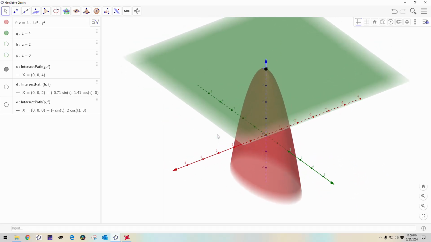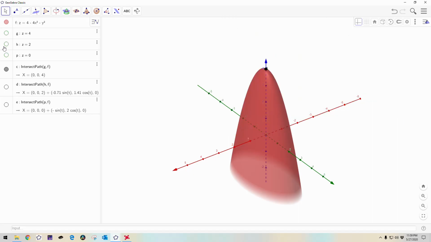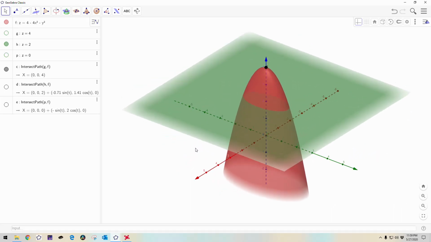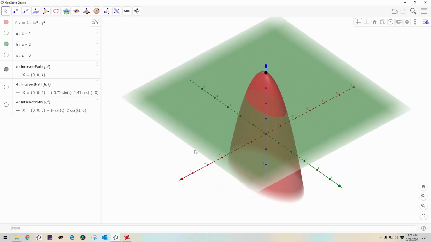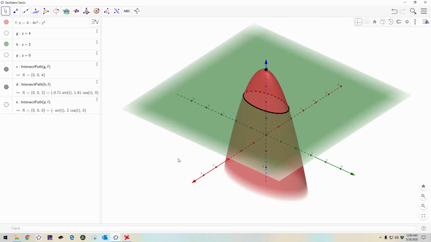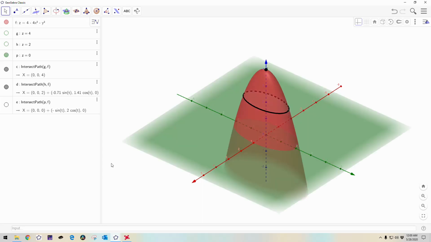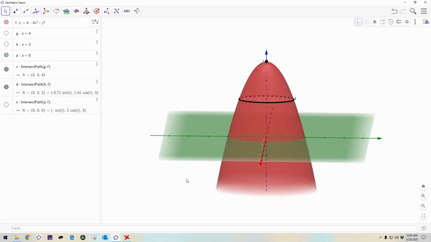right? Okay, if I move down to z equals 2, you can see the plane slicing through the meat, as we said earlier right there. And its intersection is an ellipse, just as we saw. And then at z equals 0, that's basically the xy plane, right?